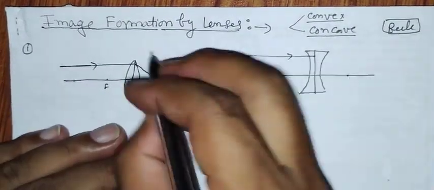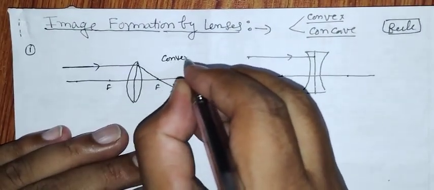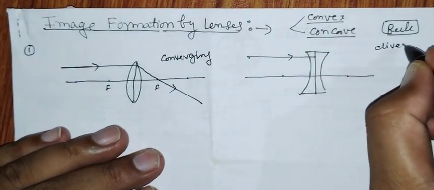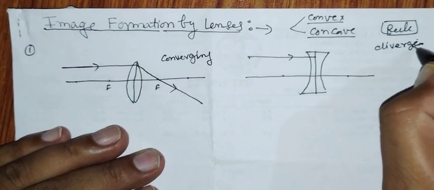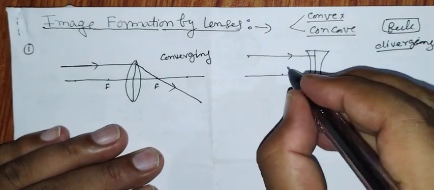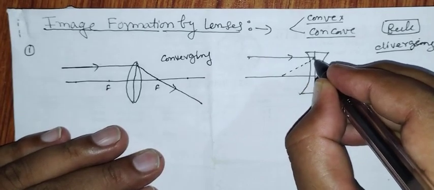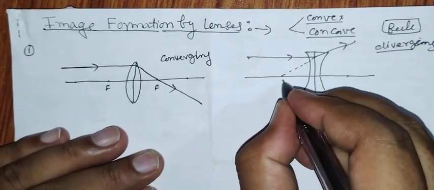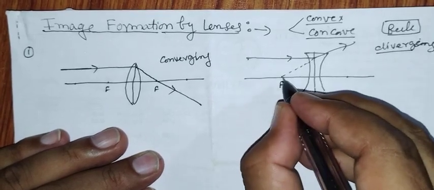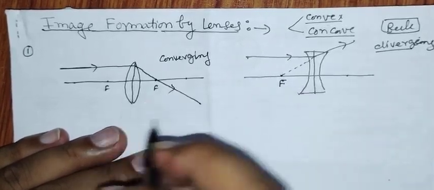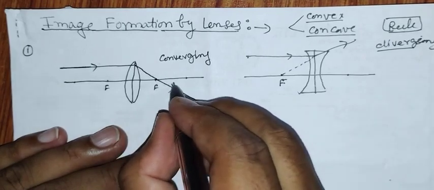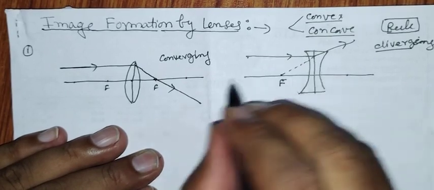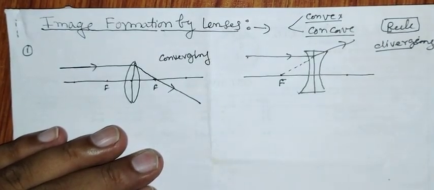The convex lens has a converging nature, and the concave lens shows diverging nature. The ray diverges, scattered in this direction, and seems to come from the focus. We know the focal length of a convex lens is positive, while that of a concave lens is negative. So this is the first rule.